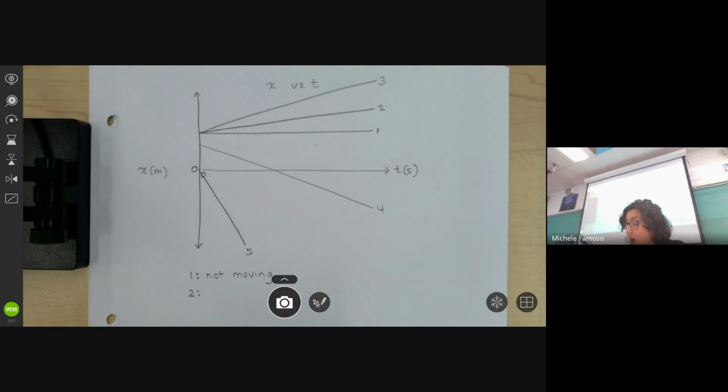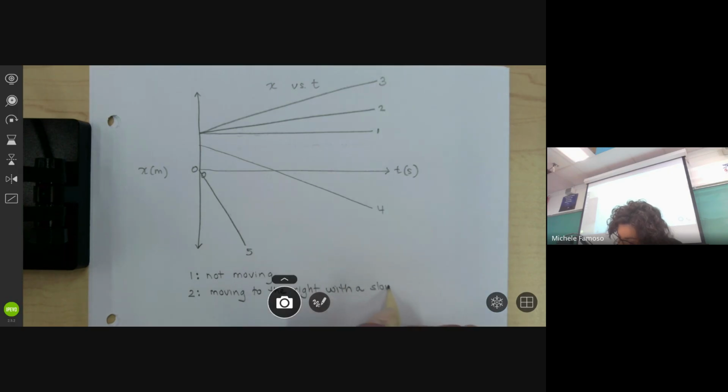It's moving slow because it's a pretty shallow line. Can you tell me what direction it's moving in? It's moving to the right. How do you know that? Yes. So I would say that this is moving to the right with a slow, constant velocity.